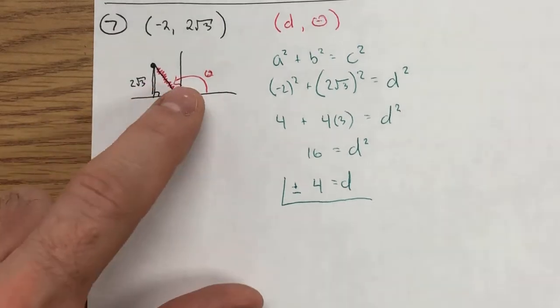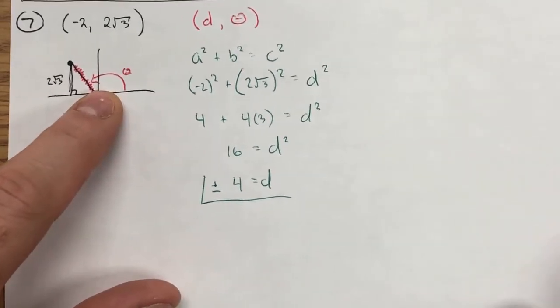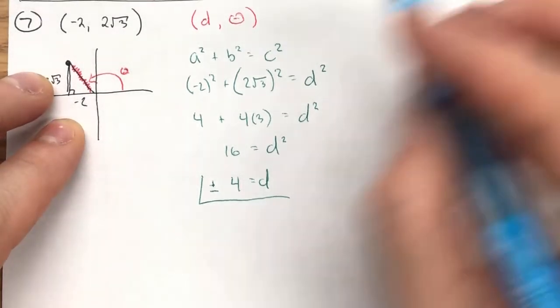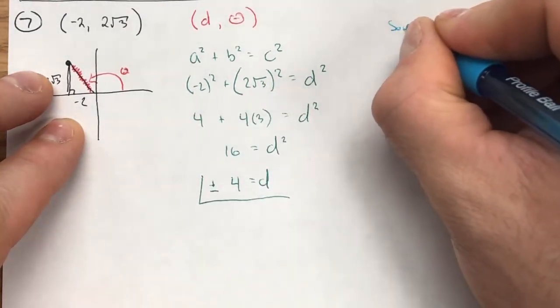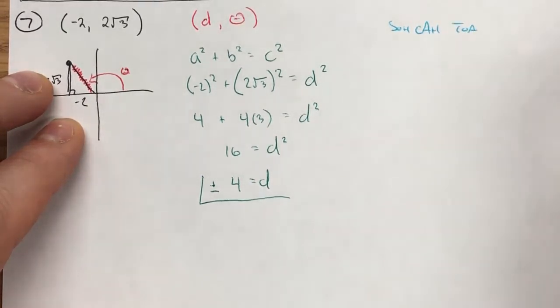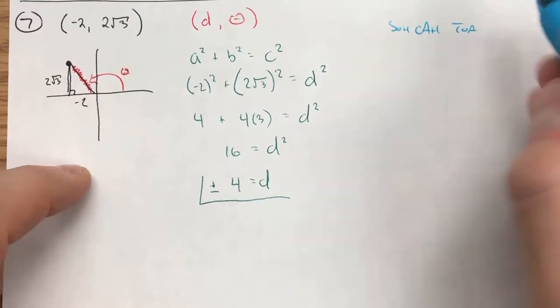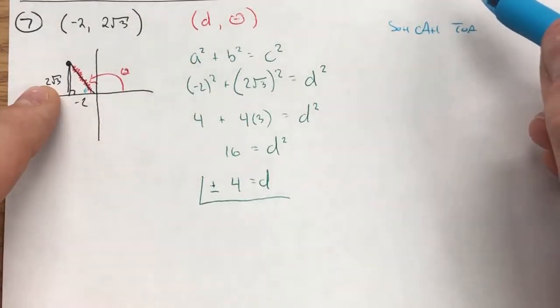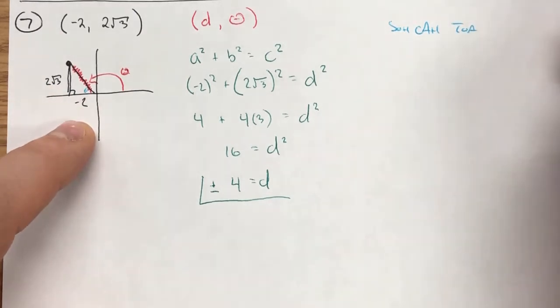Step 2 is I need to figure out what that angle is. And the way to figure out that angle is I have to use my trig relationship. So looking at SOH CAH TOA, I want to know what angle, and the angle is going to be right here, gives me a relationship of 2 root 3 over negative 2.